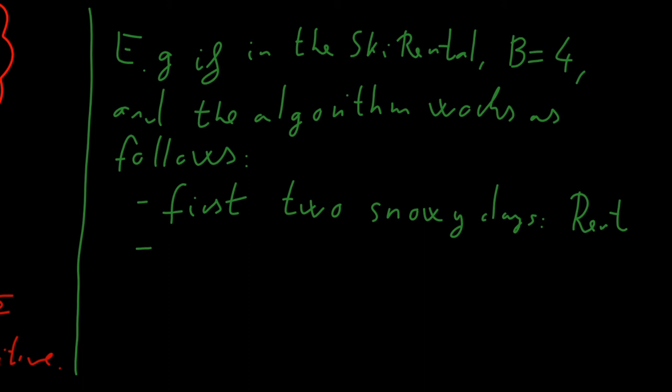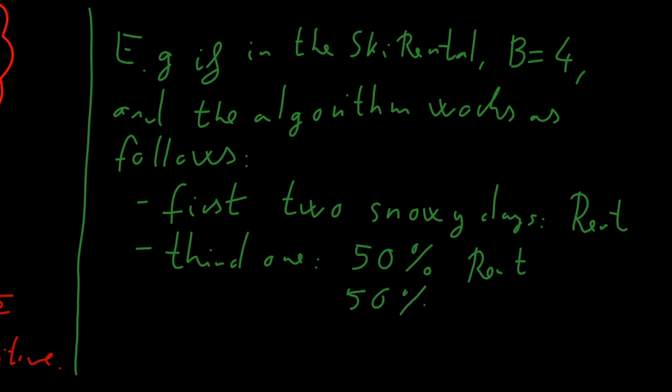So on the third one, we just flip a coin and we will buy or rent with a 50-50% choice. So it's just 50% for rent and 50% for buy.